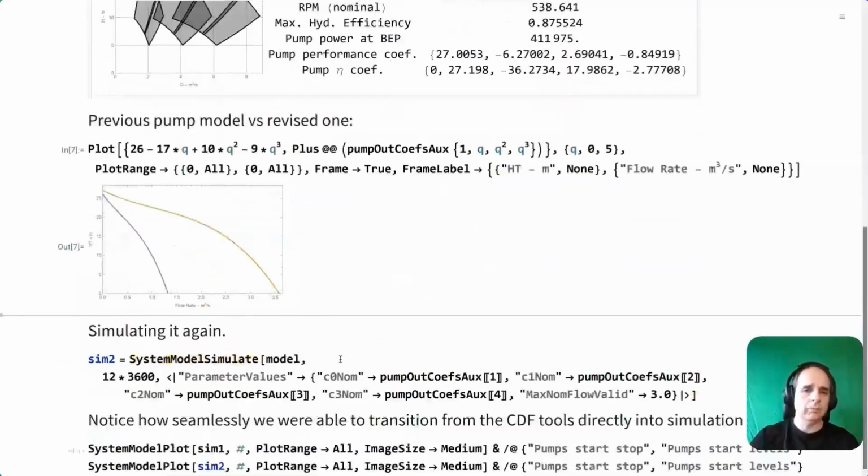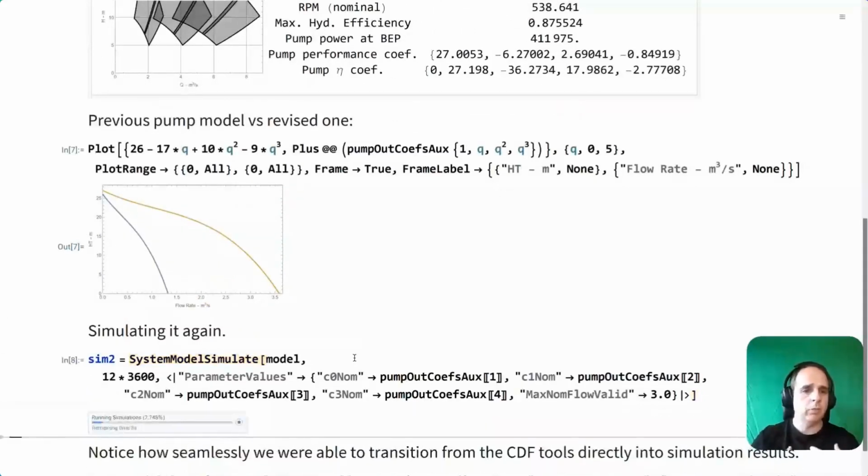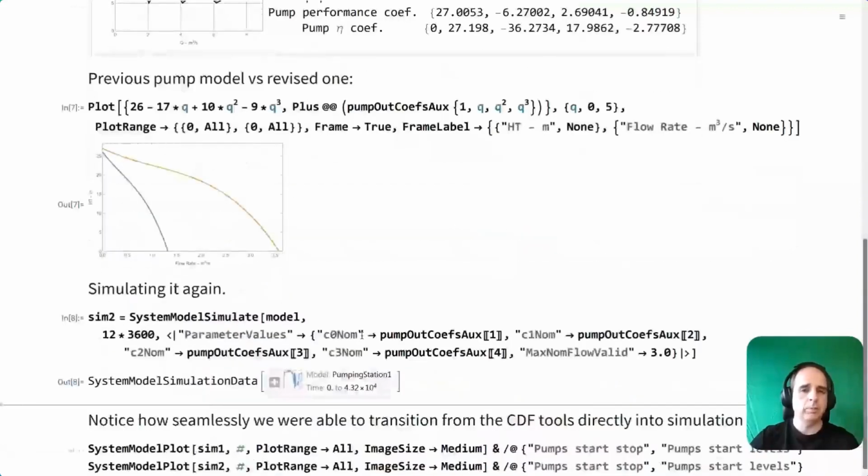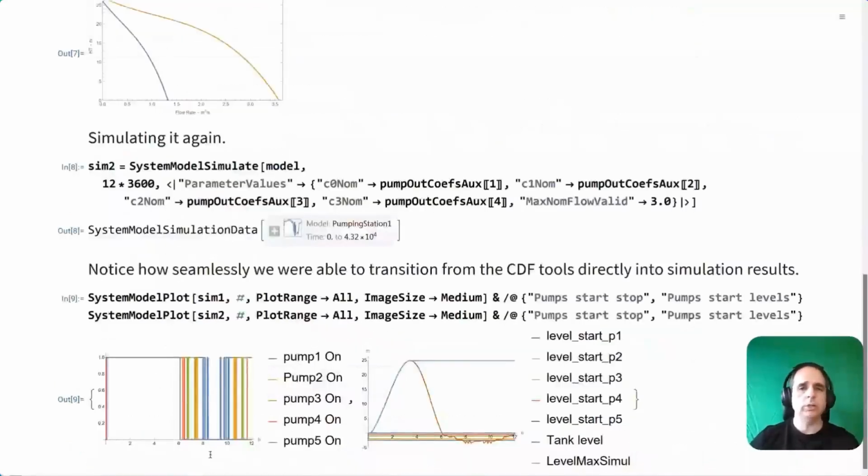And again, still within the Mathematica interface, the Wolfram language interface, we can resimulate the 12 hours in just a couple of seconds, and this is amazing. And view the results. Now I'm going to plot both the previous results from the old choice. This is the old choice.